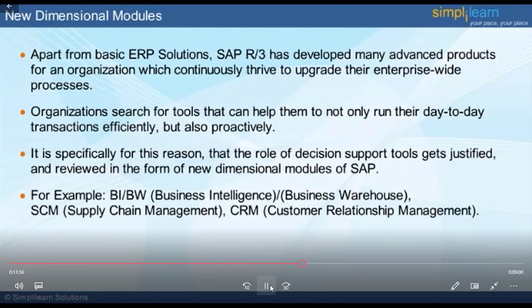Next, we will move on to the SAP System Landscape.